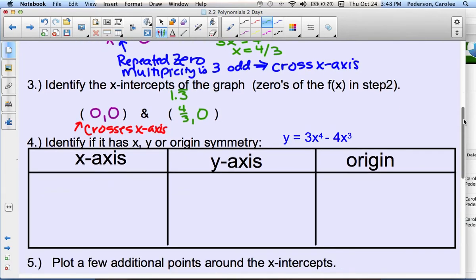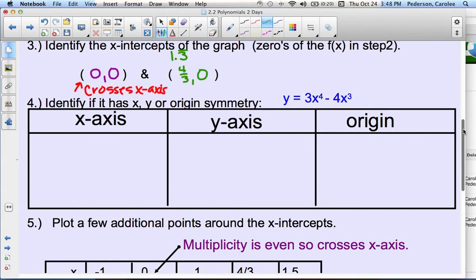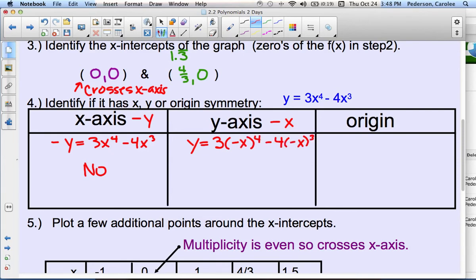Step 4 is identify if this function has any symmetry. So you could test for that. Replace that y with a negative. So negative y equals 3x to the 4th minus 4x cubed. We do not get the original function back. To test for y-axis symmetry, replace the x with a negative and simplify that.